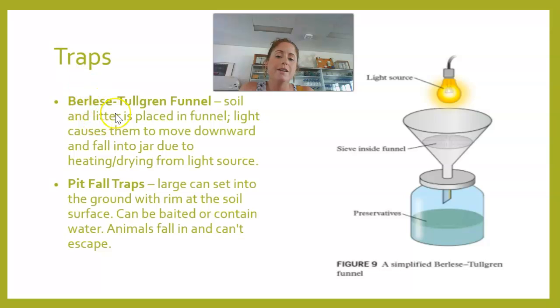Examples of these are pitfall traps or Burley's funnels, where you're essentially just trying to capture insects, and then you could make some conclusions about where those were.